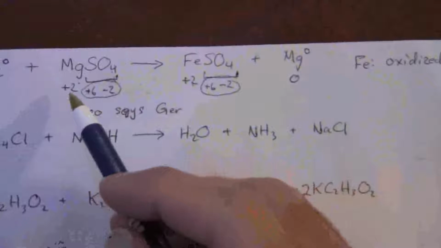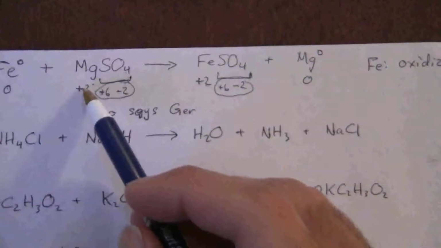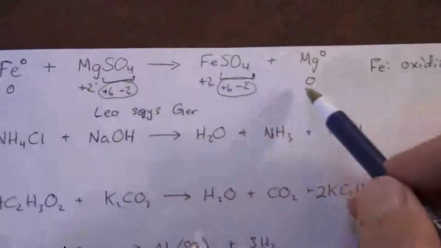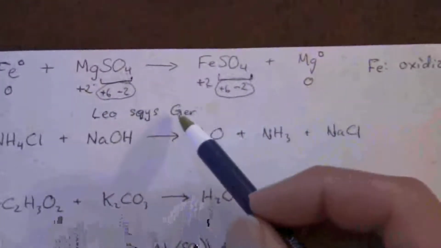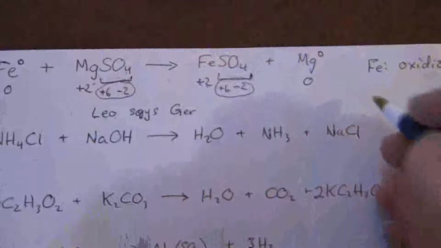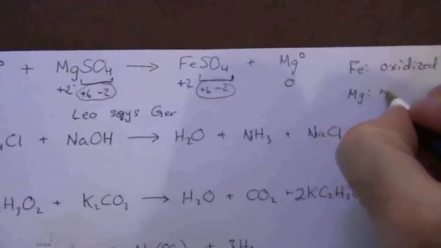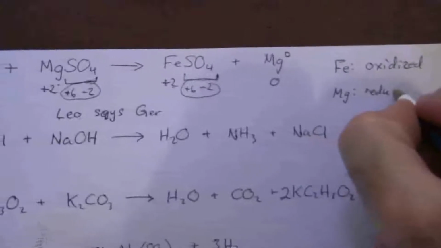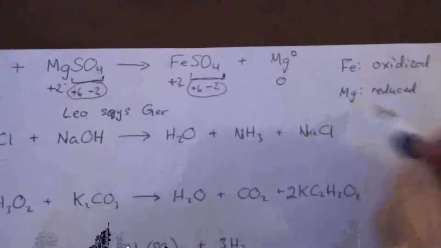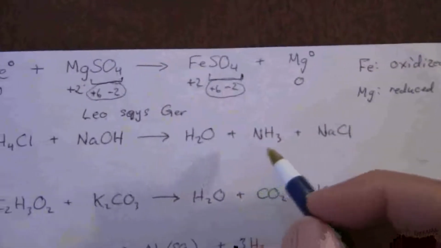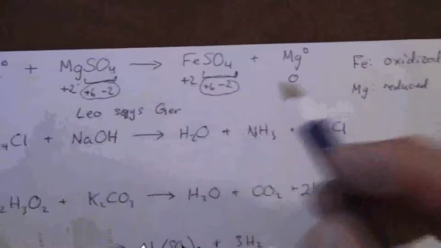But let's look at this, and sure enough, +2, if I gained 2 electrons, it would become neutral because those electrons are negative. So the magnesium is reduced, the iron is oxidized.